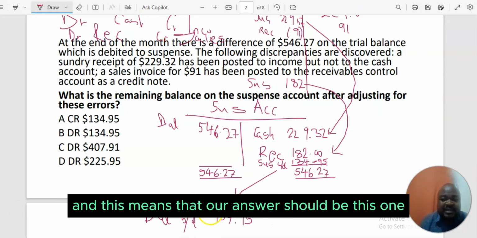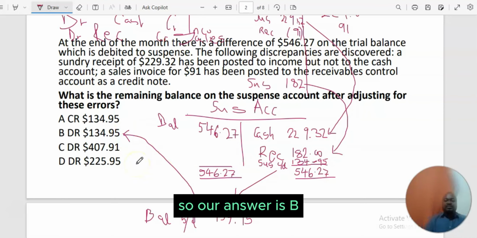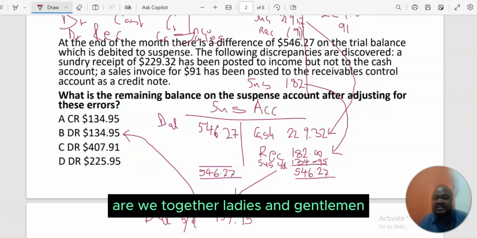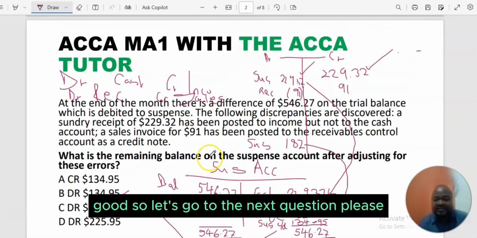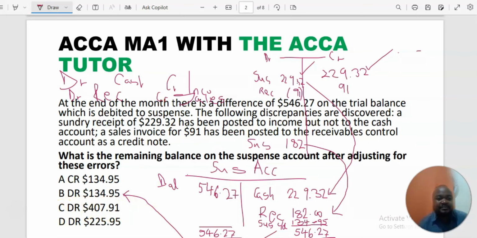And this means that our answer should be this one. So our answer is B. Are we together, ladies and gentlemen? Good. So let's go to the next question. Please just take the time to see how I was molding the answer.